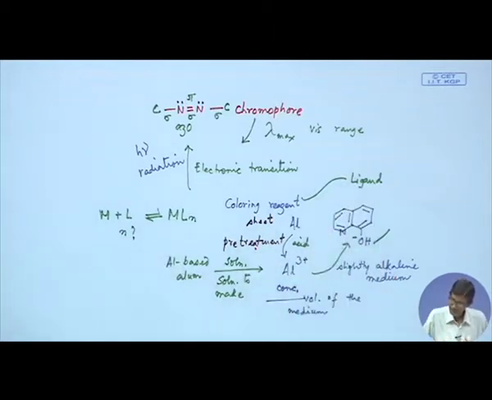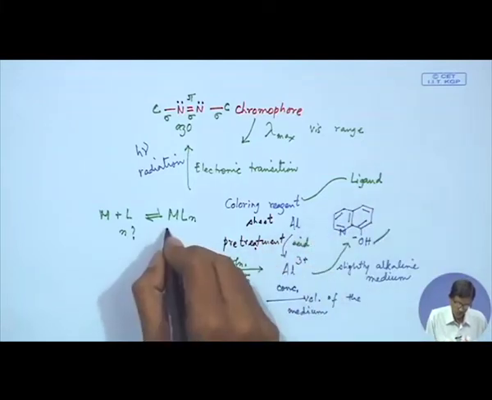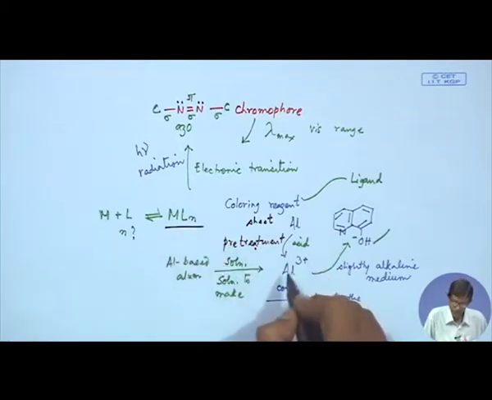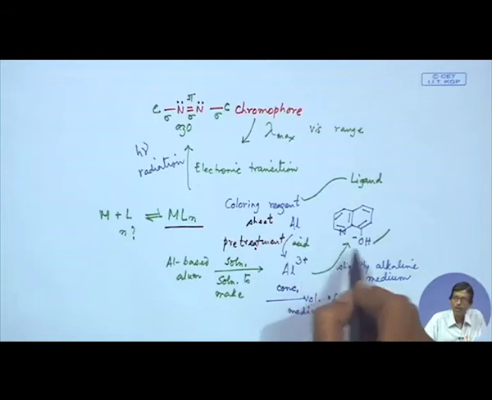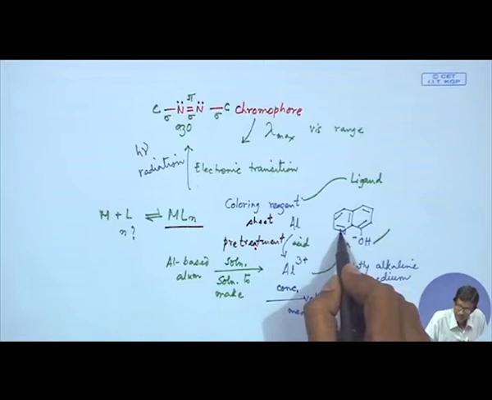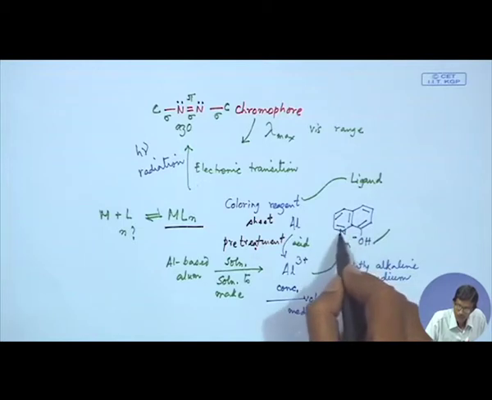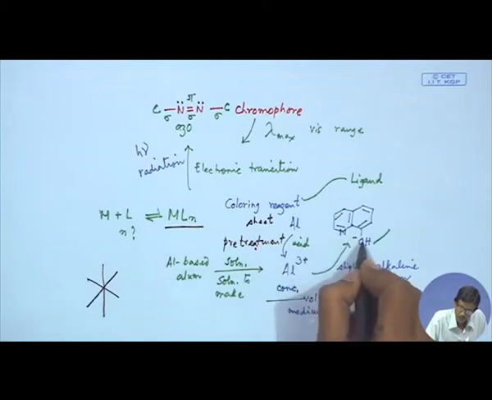So, if this ligand is there, we should also know the formula of this MLn, because the stoichiometry is important: whether the metal ion Al3 plus is reacting with that particular ligand in a stoichiometry of 1:1 or 1:2 or 1:3. So, the binding of this Al3 plus by this particular ligand through nitrogen and oxygen will give rise to a typical octahedral complex, where we all very easily draw this, through this nitrogen and through this oxygen.